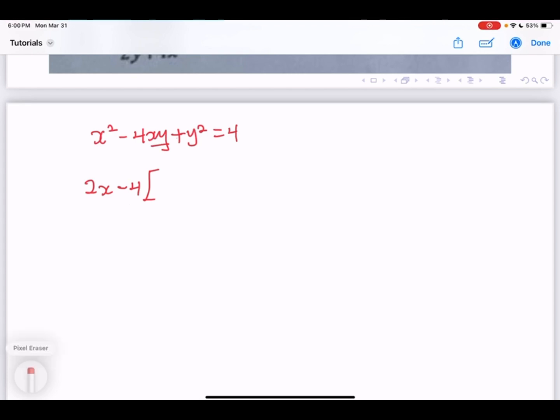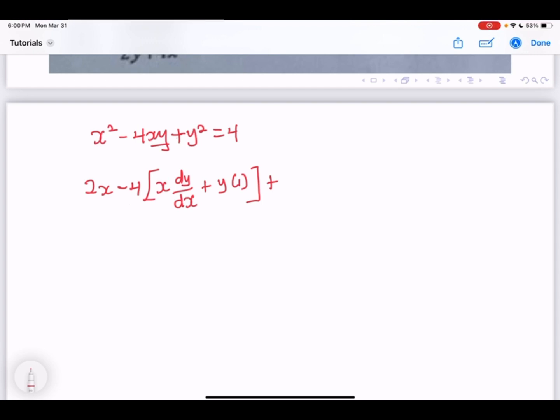So let's keep x, then we differentiate y with respect to x. That will give us dy/dx plus, then we are going to keep y, then we differentiate x with respect to x, and that will give us 1.